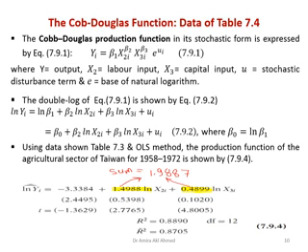The Cobb-Douglas production function in its stochastic form may be expressed by equation 7.9.1, where y is the output, x2 is the labor input, x3 is capital input, u is the stochastic disturbance term, finally e is the base of natural logarithm.